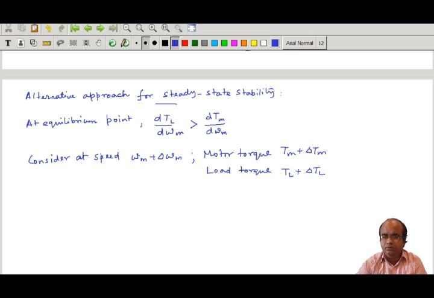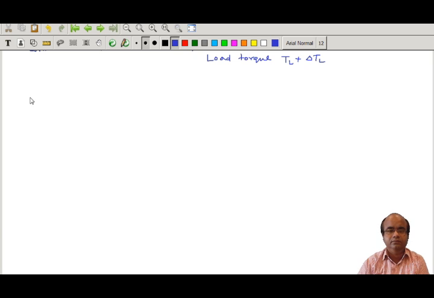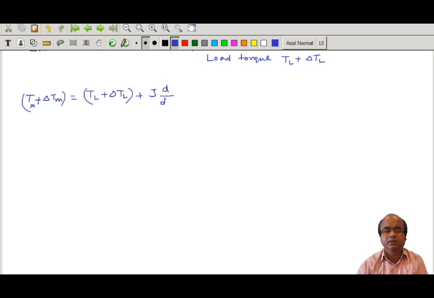Now, what can we write? We know Tm equals TL plus J d omega m dt. Now I am writing the same equation: Tm plus delta Tm equals TL plus delta TL plus J d by dt of omega m plus delta omega m.